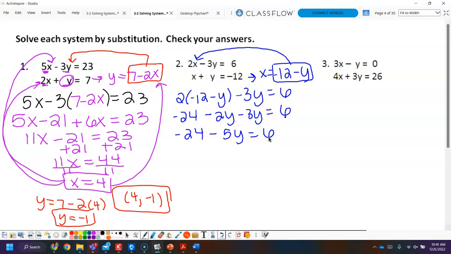So distribute, combine like terms, solve for y. So I'm going to move my 24. I'm going to divide by -5. And solve for y.